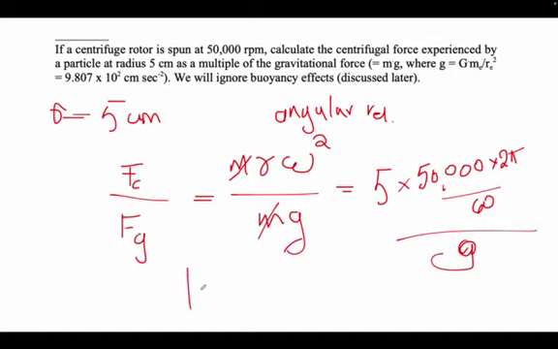So one rotation just means I'm traveling around the circle once. So I'm covering an angle of 360 degrees. In one rotation, I'm going to cover 360 degrees. Angular velocity is in radians. So 360 degrees is the same as 2 pi radians.